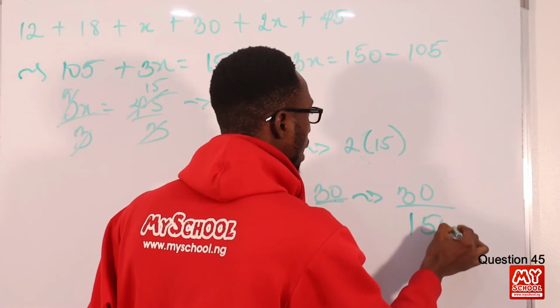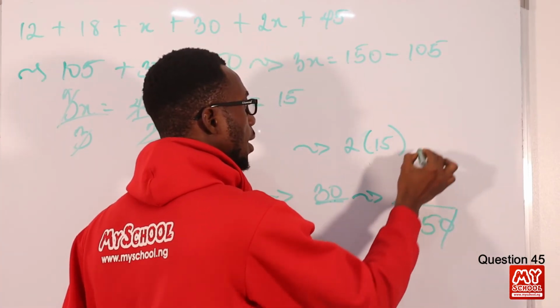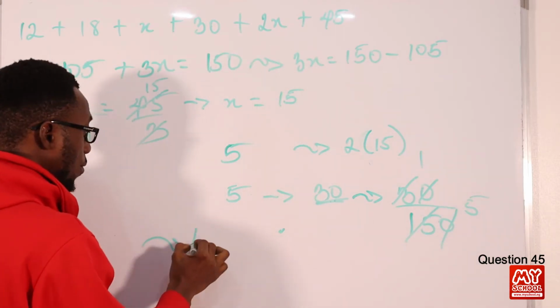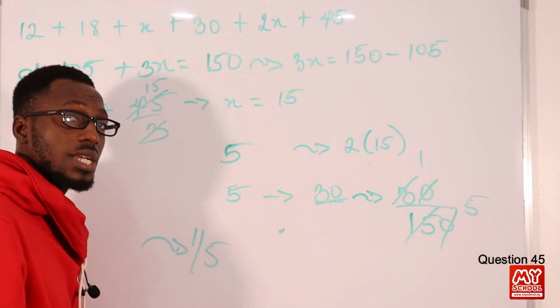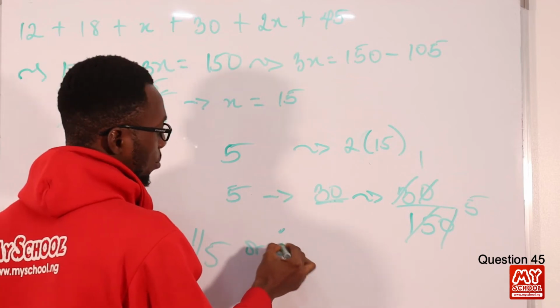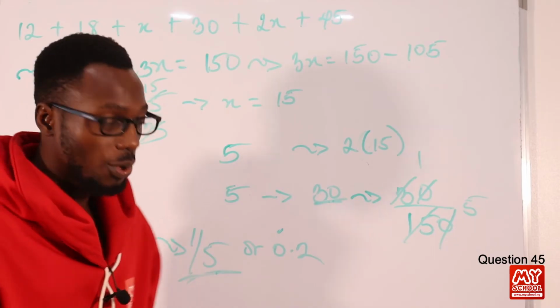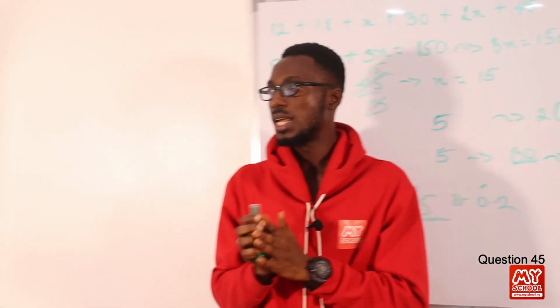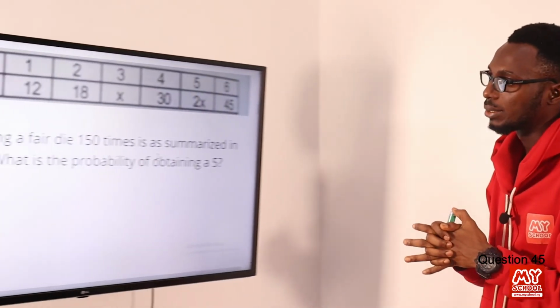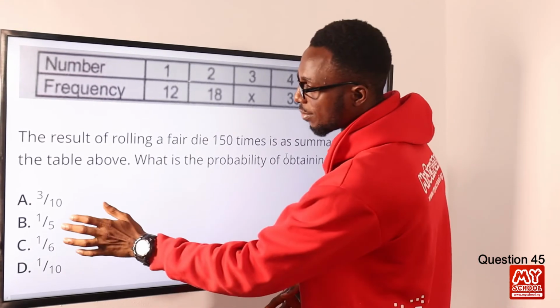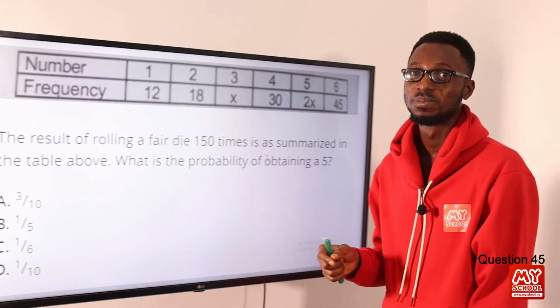That's 150 times. 0 cancels 0. 3 here 1, 3 here 5. So I have 1 over 5, or if you want to go for decimal, 0.2, but I don't think that is needed. Okay, so 1/5 of the time. So 1 over 5, that's the probability. So let's see if we have that presented. Yes, we have a validation. Option B is good to go.